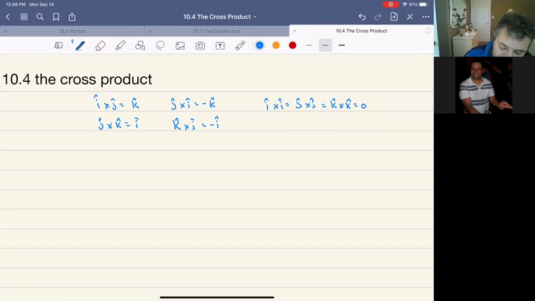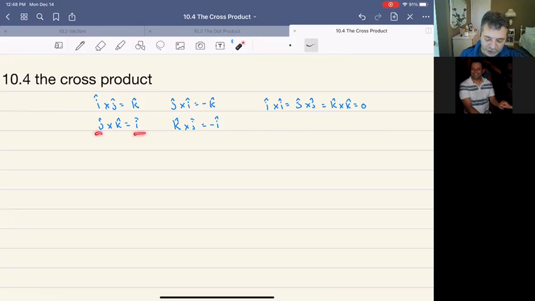Another way I like to think about it is in terms of order. i, j, k is sort of the order in the alphabet. So i, j, k is fine, but i, k, j is sort of backwards order, right? This is sort of out of order. If you go backwards, it's negative.